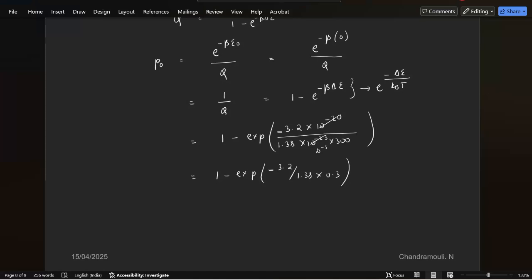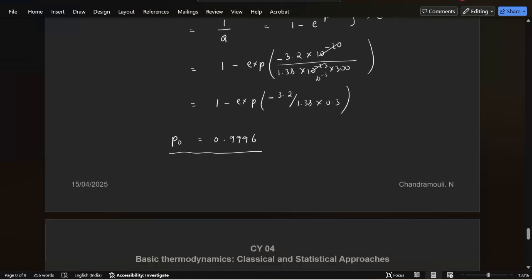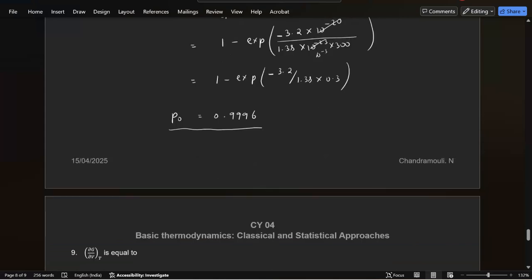Okay. So this value is coming out to be something like 0.9996. So basically, most of the particles will be in the ground state at this temperature. Probably 4 out of 10,000 particles can go to some other state. Do you see how probable higher order states are, right? It's really less probable.